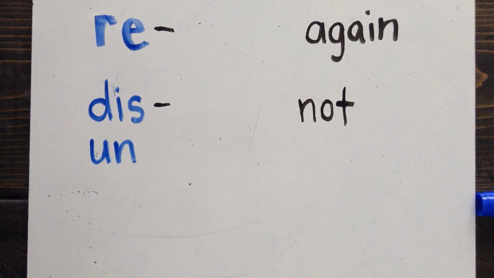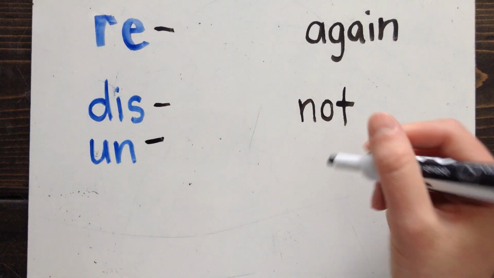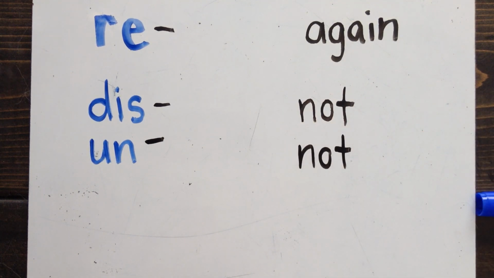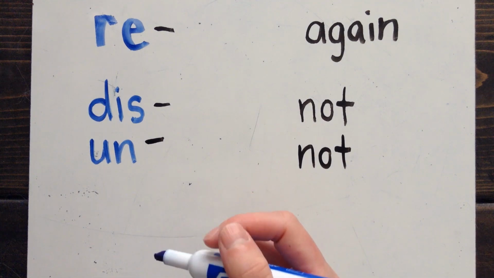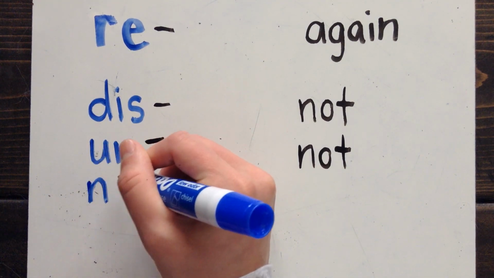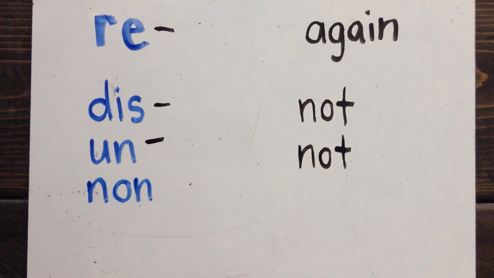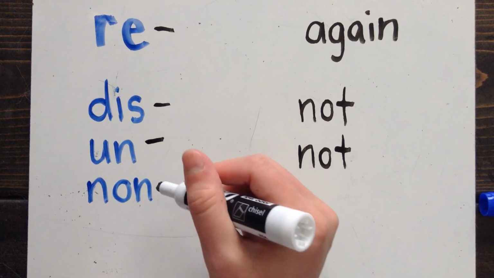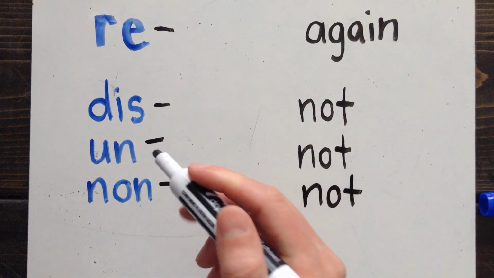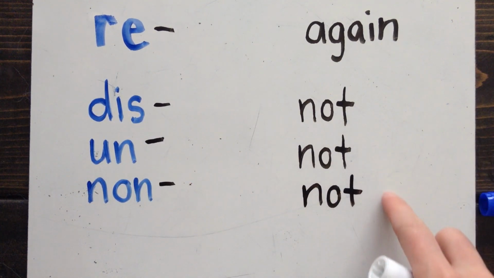Un is another prefix that means not. Another prefix that also means not, non. So far we have 3 different prefixes that all have the same meaning.